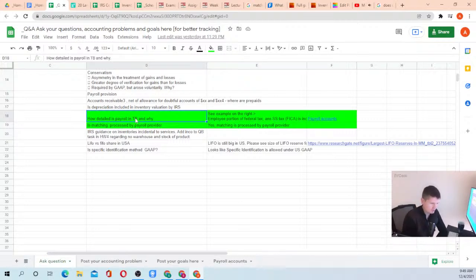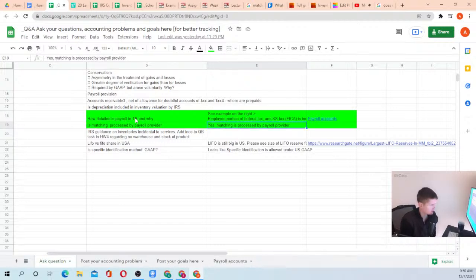What accounts I used in trial balance for payroll expenses, and whether we show individual part of federal income tax and social security contributions in our financials, in our trial balance, whether we have separate accounts for federal income taxes and social security contributions, which are responsibility of the individual, and also about 401k matching if it's processed by the payroll provider.